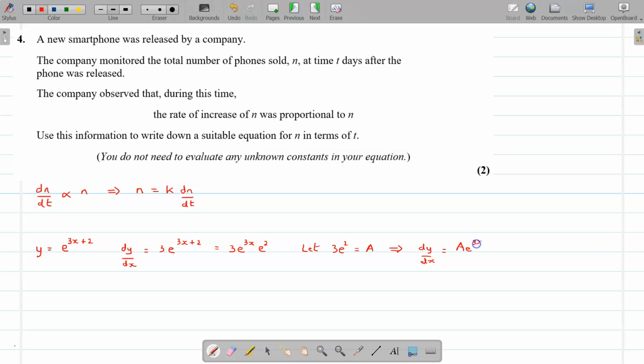Okay, and that is the form that these equations take, and you've used them in several questions about exponential growth.